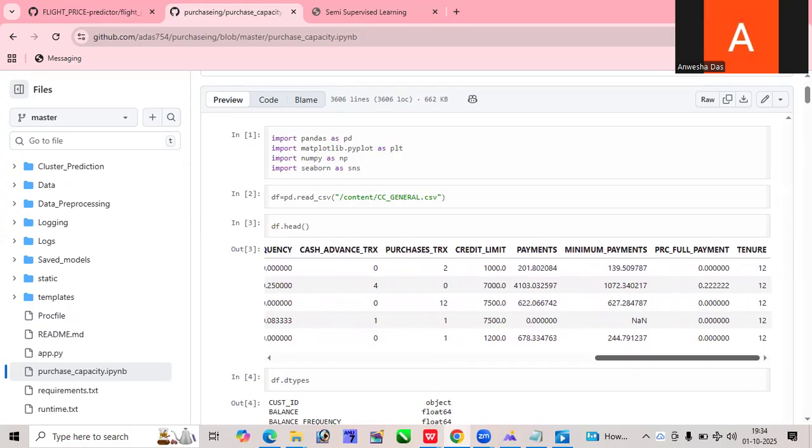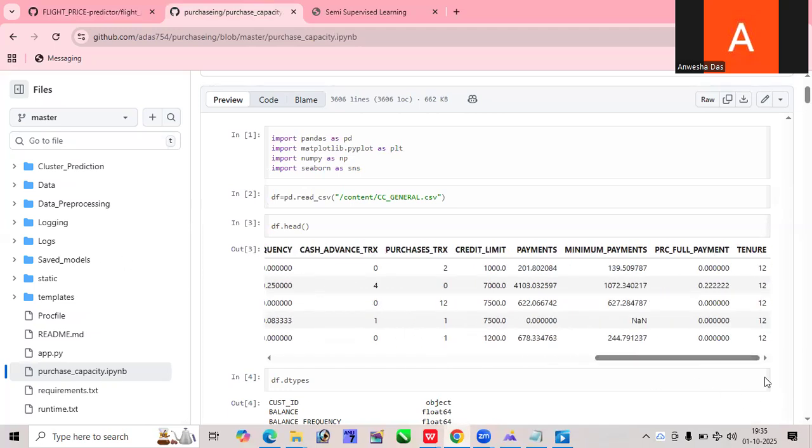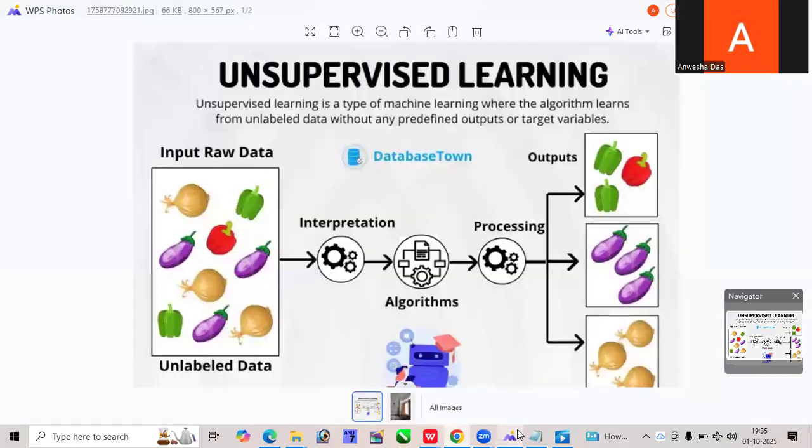In an unsupervised machine learning problem, there is no particular output data. Based on the input data, they are grouping. How do they group? Here I have taken help from another image. Here I have input data and I have vegetables, that is onion, brinjal and capsicum.